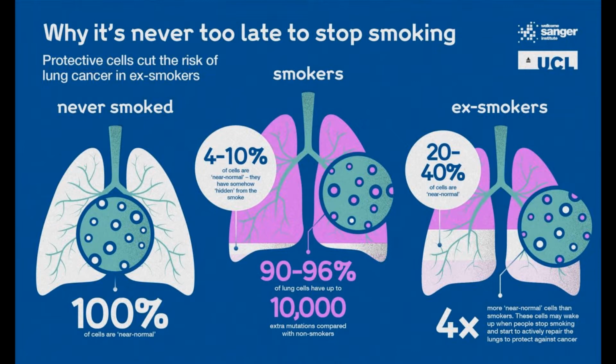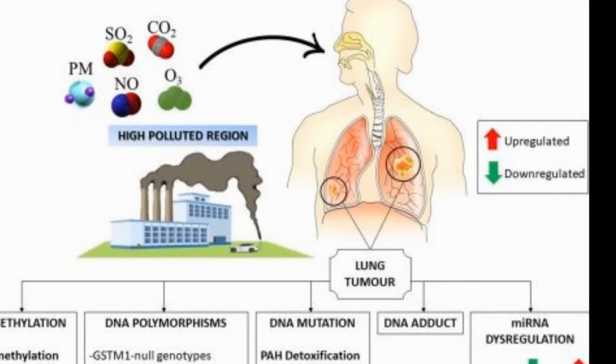And this results in a huge amount of mutations and therefore has much greater tendency for these cells to become cancer cells. In our modern environment, we are constantly exposed to carcinogens that are present in the air. These carcinogens are the result of pollution from industrial production as well as from automobiles.